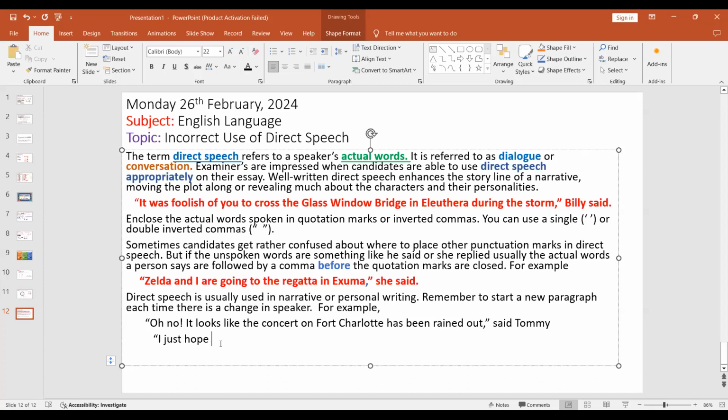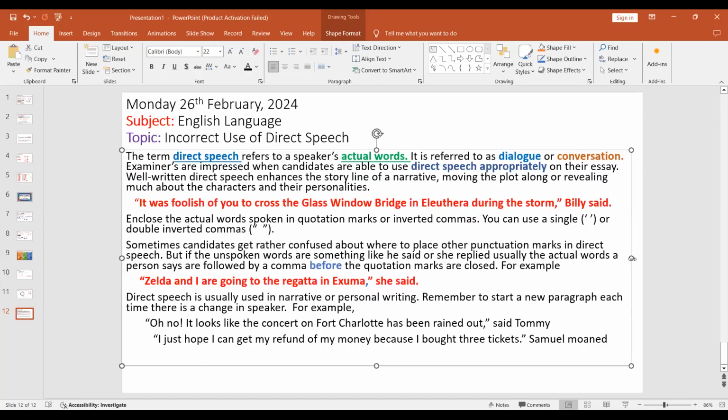"I just hope I can get my refund of my money because I bought 3 tickets," Samuel moaned.